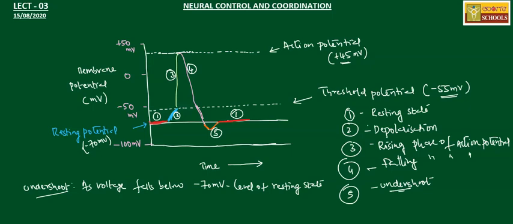So we have a small portion below the resting potential, and it is the undershoot, and then again it comes back to the normal resting state, and the process continues.